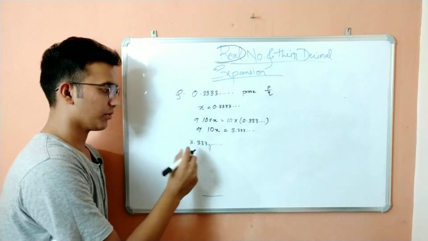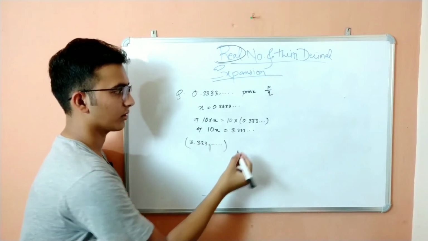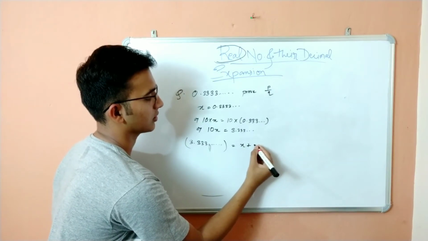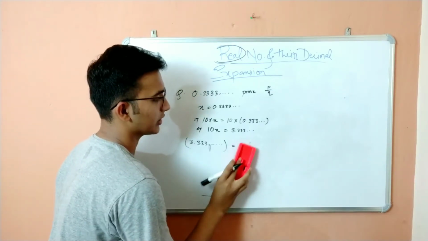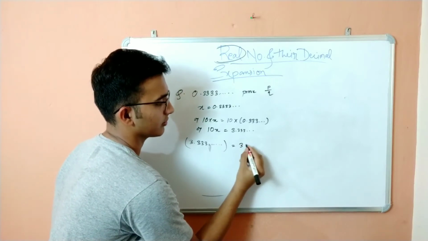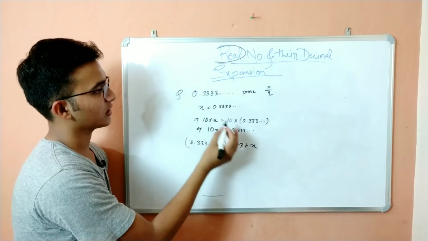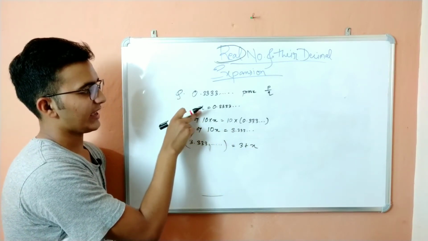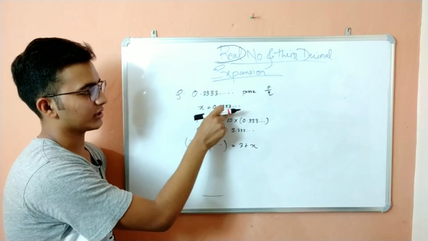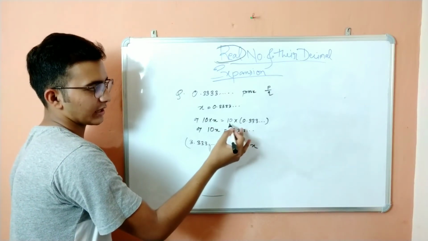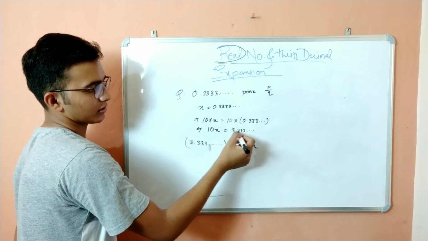How did I get this 3.33? By adding 3 to the x. So 3 plus x. Why am I saying I got this number by adding 3 plus x? Go to the first one. The x value was 0.3333. So when I multiplied this with 10, I got 3.33.